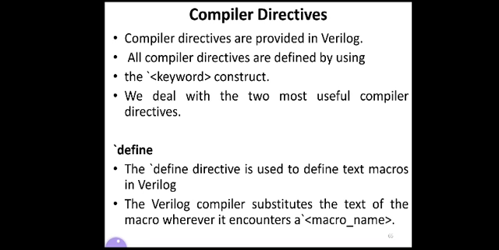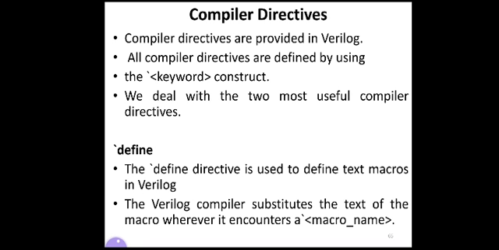So we deal with the two most useful compiler directives. The first one is `define. I hope you have studied C programming, in which we have come across #define. The #define is a macro in C programming.